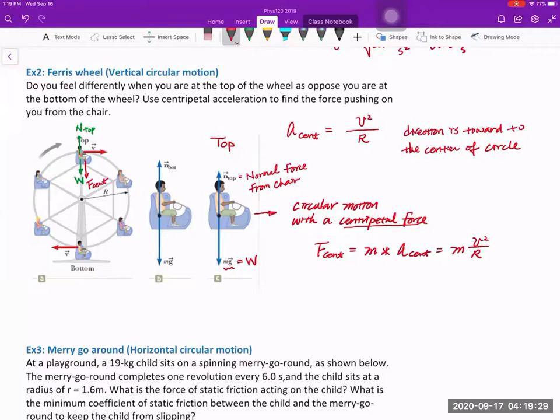When you write the equation, in this case, the equation of motion is going to be like this. The net force in this direction, if I make toward the center to be positive, so opposite to that. This is at the top. The net force will be equal to m times a cent.